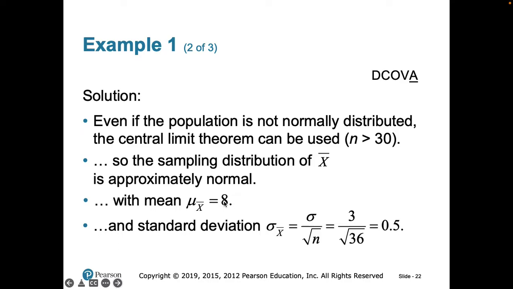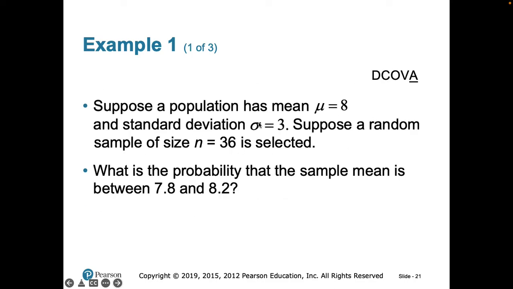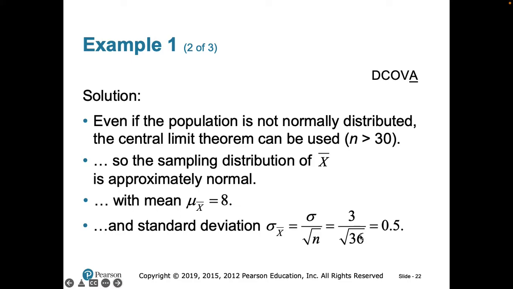You have the mean equal to 8, and your standard deviation is going to equal the standard deviation of the population divided by the square root of the sample size. The problem tells us that the standard deviation is 3, and the square root of 36 is 6. Once you divide 3 by 6, that is equal to 0.5.